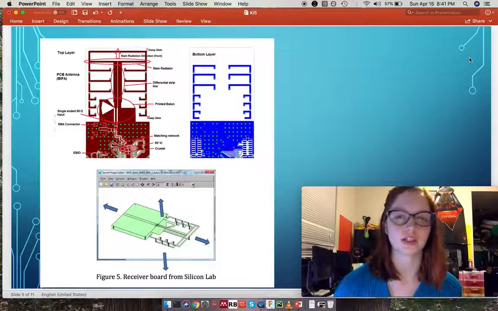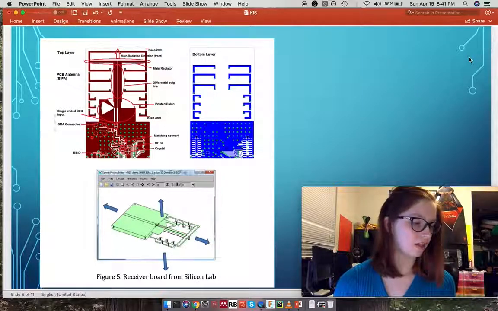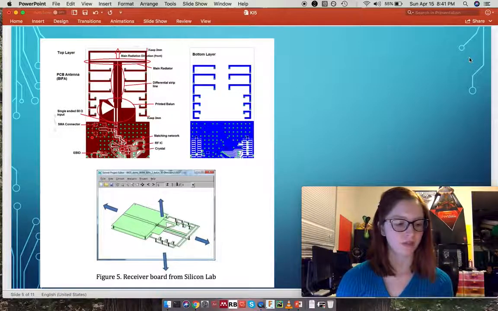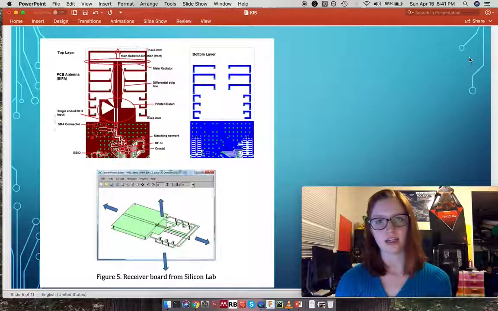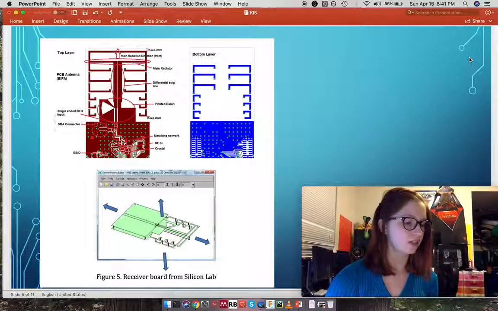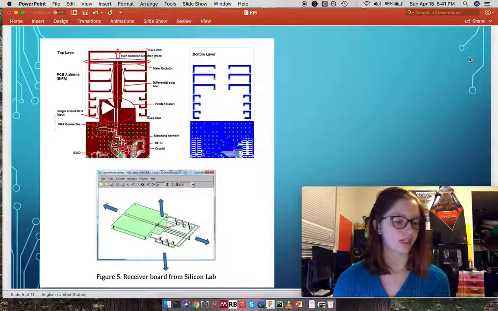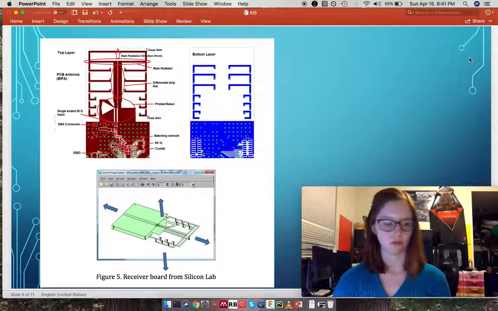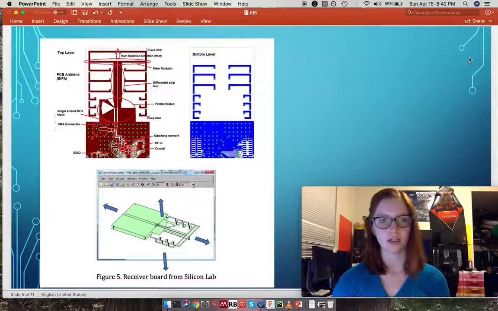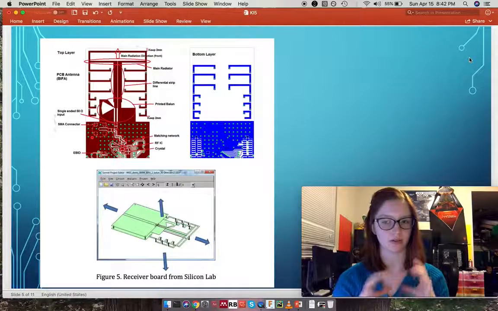So we have this microstrip, and we want about a 50 ohm impedance of our antenna, and the only way we can get that is if we include the fringing effects, because otherwise our impedance is going to be way higher than that, around like 92. We know that electrical length is equivalent to wavelength, and our physical length of the antenna is going to be small because we want it to be able to fit on a small radio circuit board.